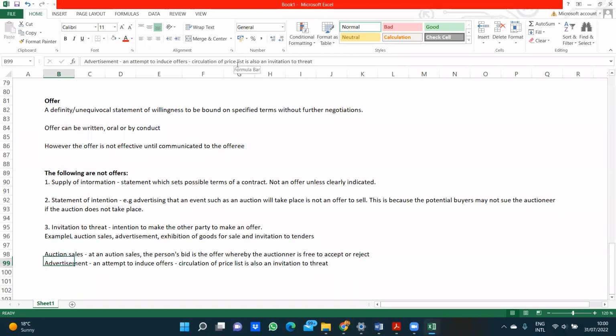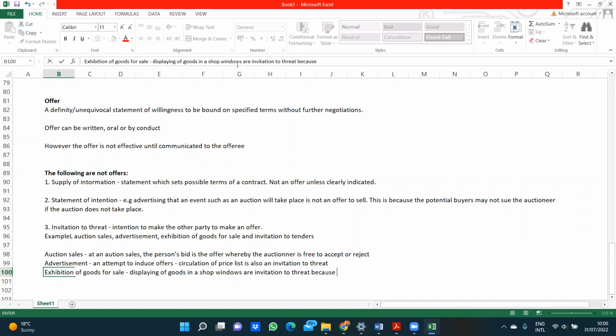And exhibition of goods for sale, for example, displaying of goods in a shop window, is an invitation to treat, because the prices can be further negotiated. All right.